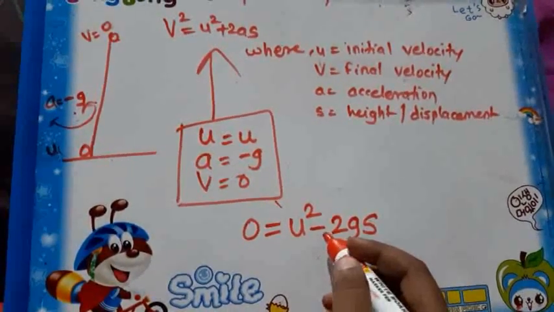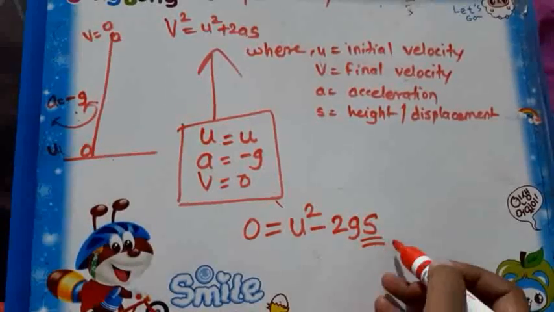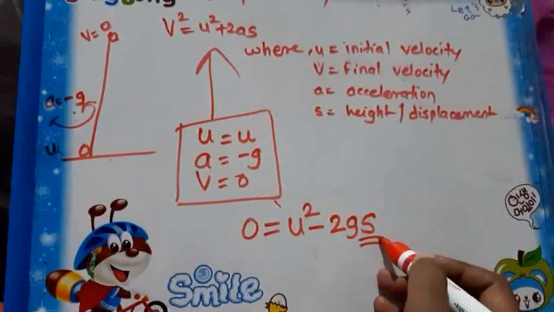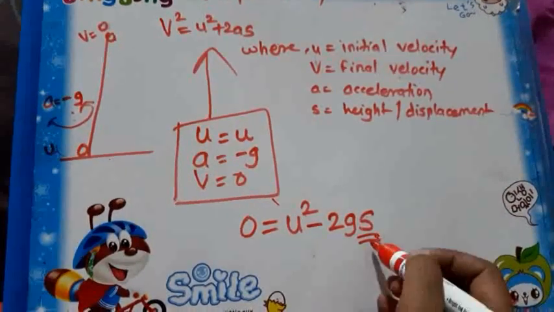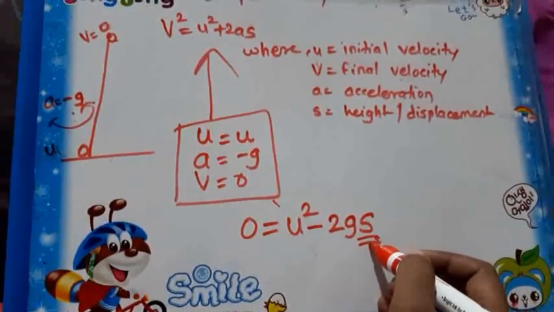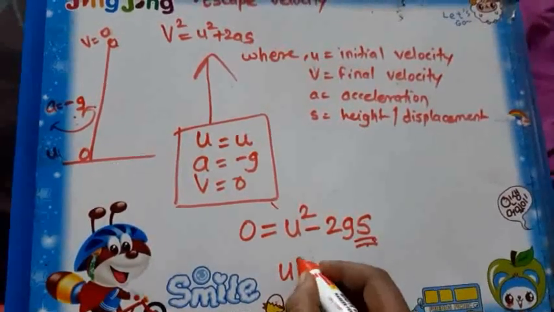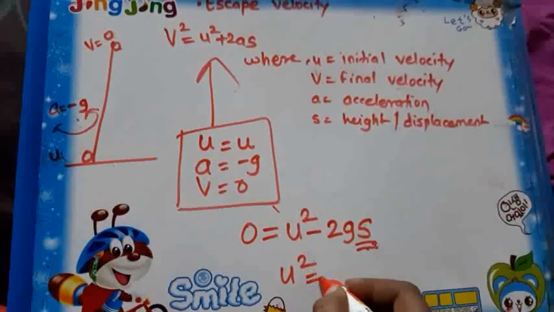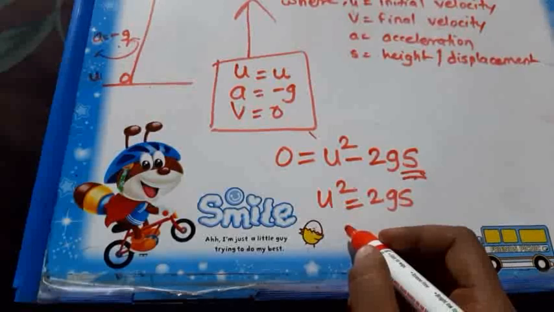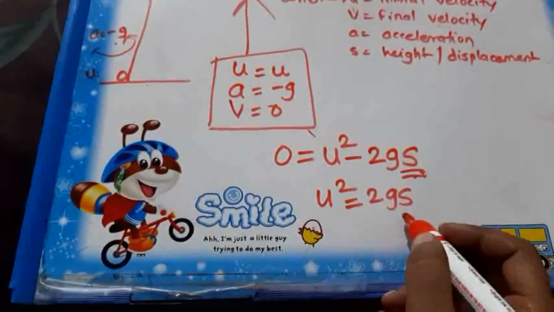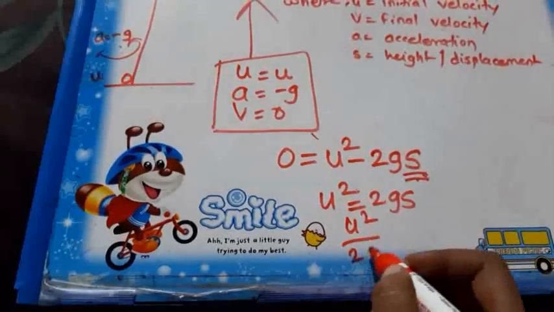So from this equation we are interested in s, that is the height obtained or attained by the object. So just we will convert this equation for the value of s. So u square is equal to 2gs. So s will be u square divided by 2g.